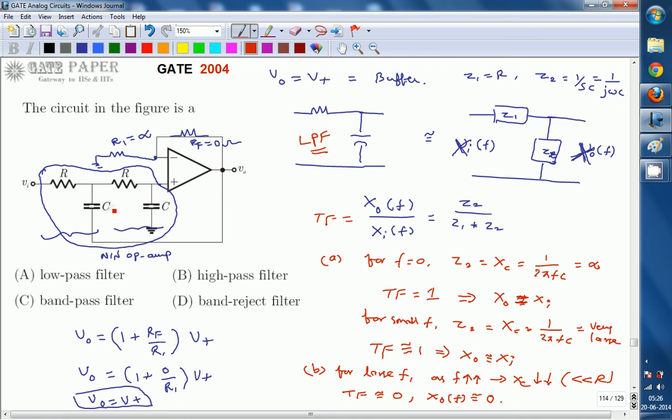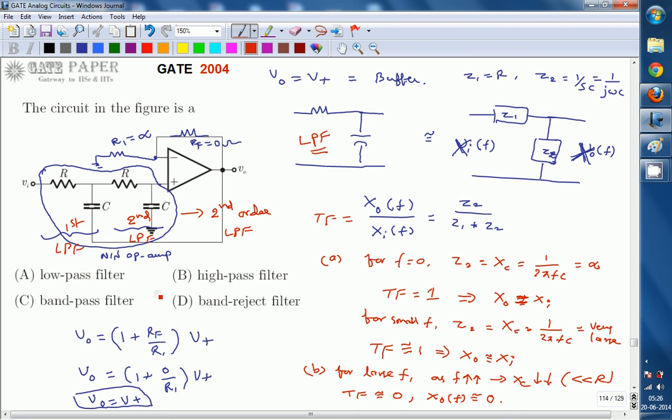Okay, and since you are going for two such networks of R and C, this is a low pass filter and this is also a low pass filter. The output of the first low pass filter acts as input for the second low pass filter. So this overall combination is treated as a second order low pass filter.